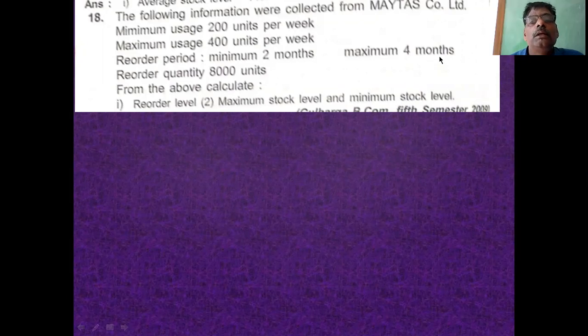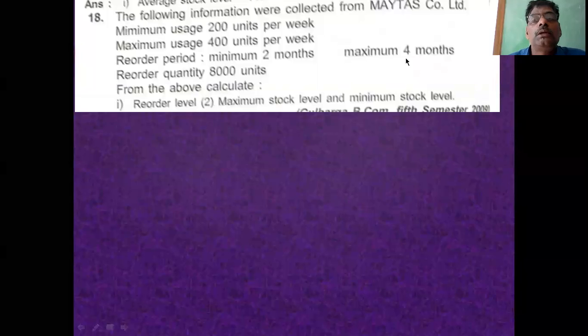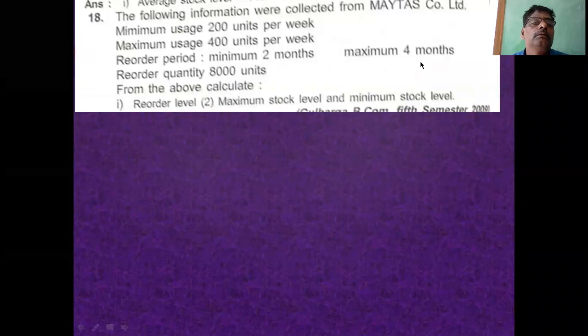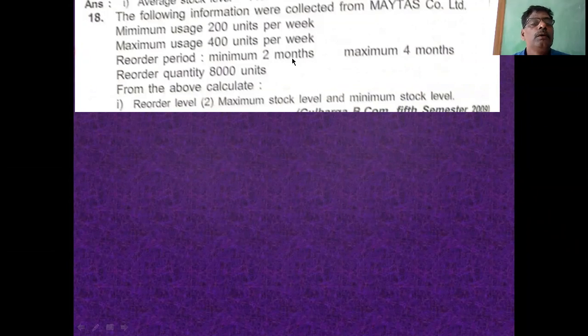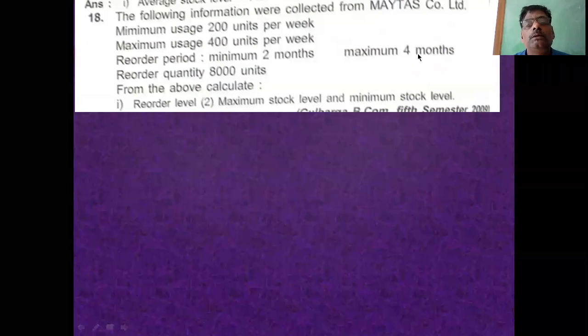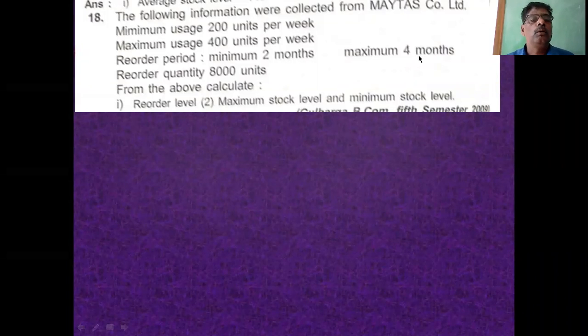And 4 months is nothing but 4 into 4, 16 weeks. Take the consumption in weeks and take the period in weeks. 2 months means 8 weeks, 4 months means 16 weeks. Convert it and solve, no problem.